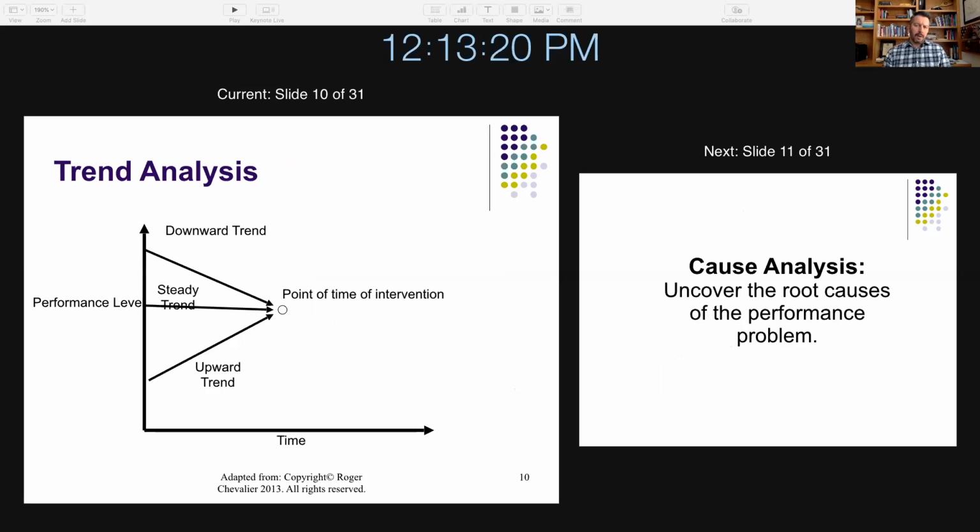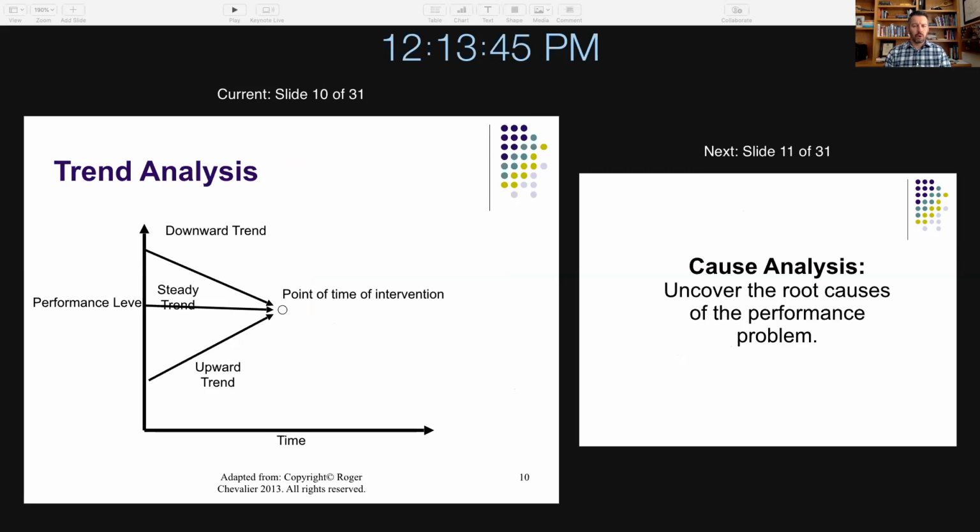Also, as part of the gap analysis, we're going to look at trends. In other words, we are looking at the problem, say at the point of the intervention. See that dot right in the middle of the graph.